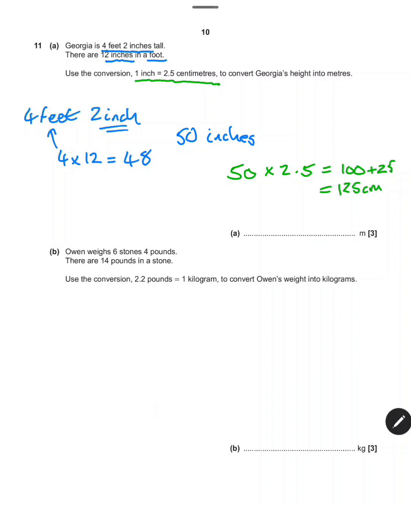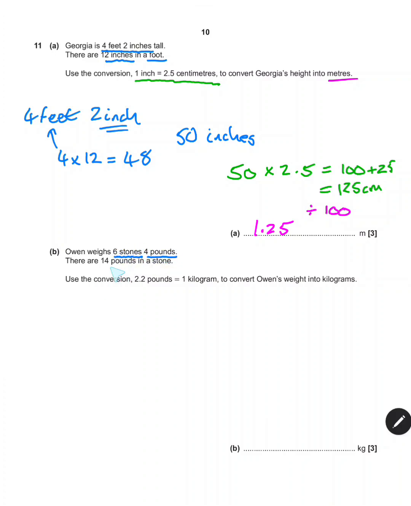The final part of the question says we actually want her height in metres. We've got centimetres at this point. Well, there are 100 centimetres in every metre. So we're going to need to divide by 100. And 125 divided by 100 is 1.25.